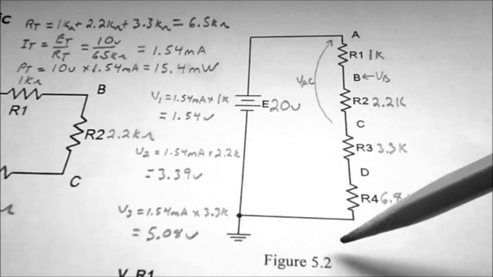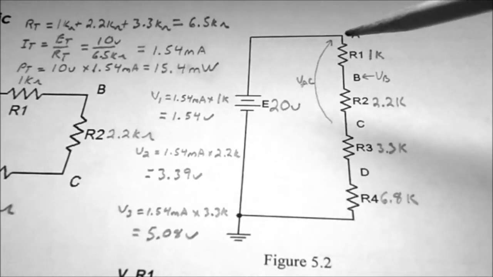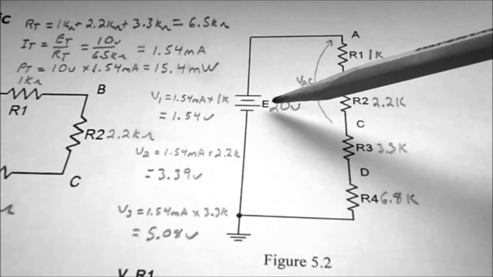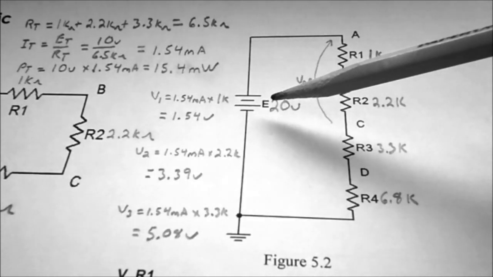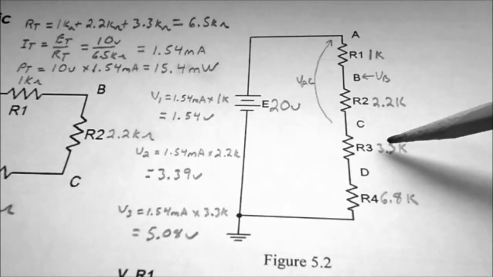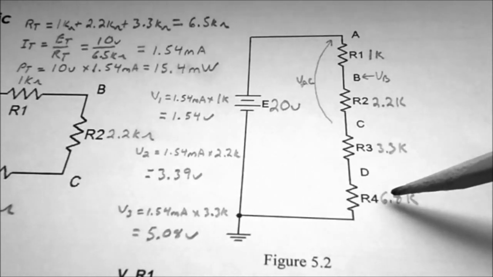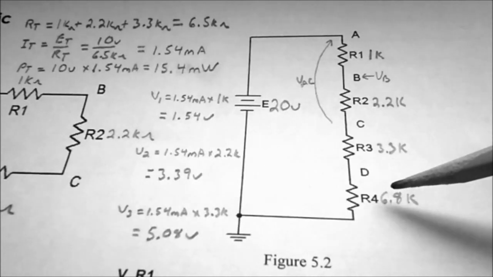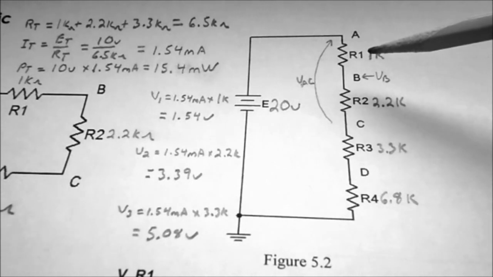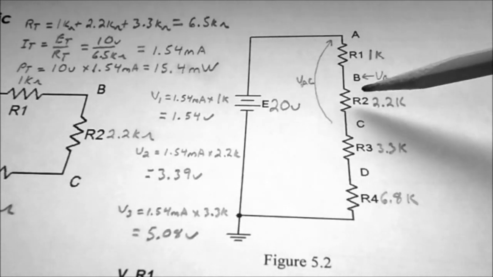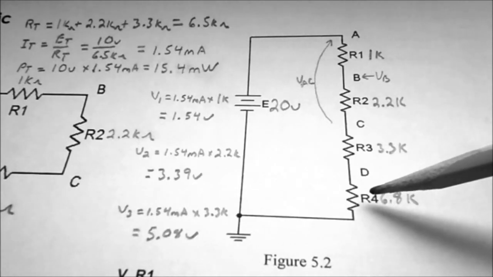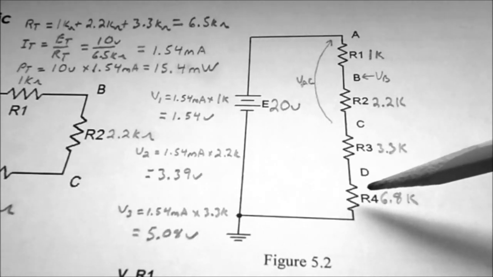So this is figure 5.2, and I've written on all our known values. So you can see that we're going to put 20 volts into the circuit. We're going to be using a 1K, a 2.2K, a 3.3K, and a 6.8K ohm resistor. Now they want us to calculate what the voltage is going to be across R1, R2, R3, and R4. They're also asking for the voltage AC.